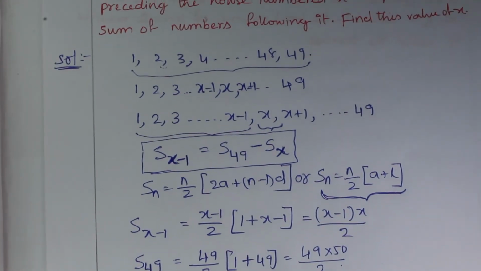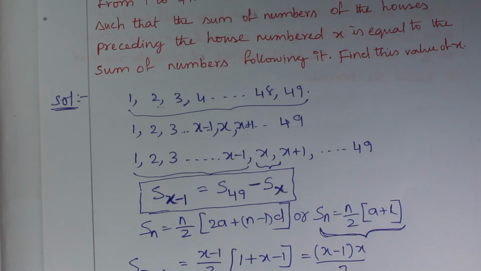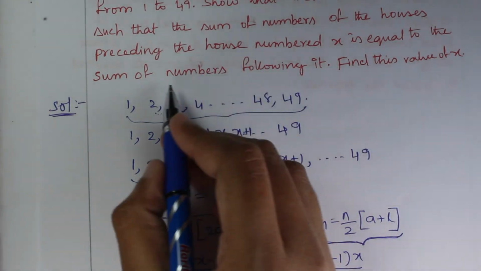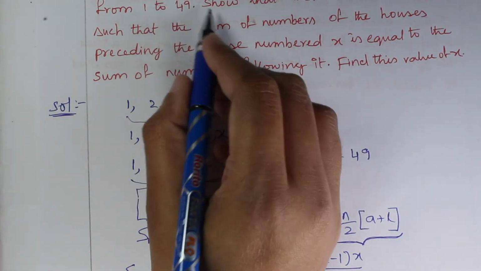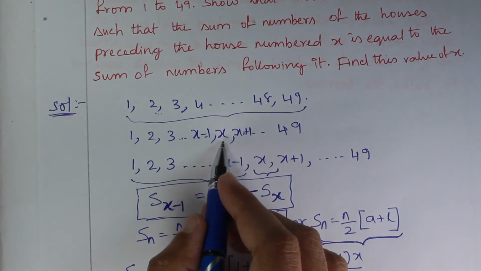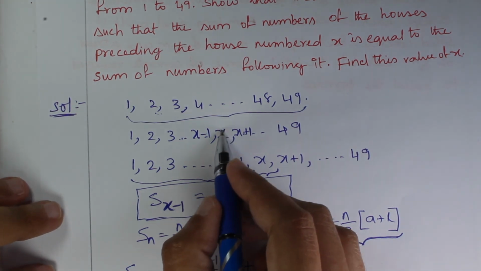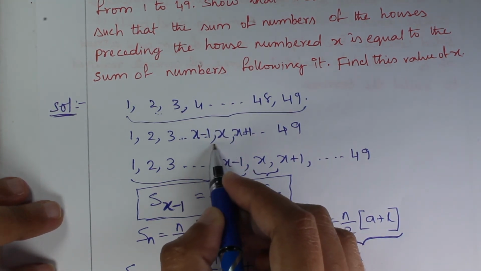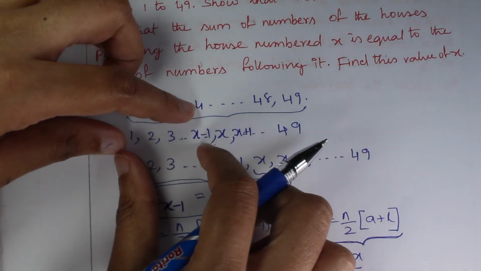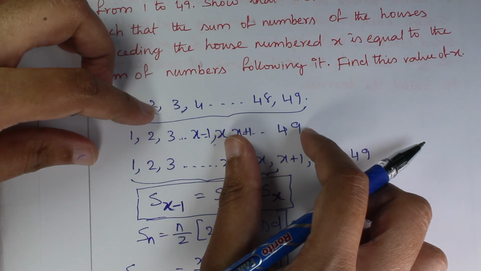I will explain the problem once again. There are 49 houses numbered from 1 to 49 and there is a house in the middle, x, such that the sum of the houses before x is equal to the sum of the houses after x.